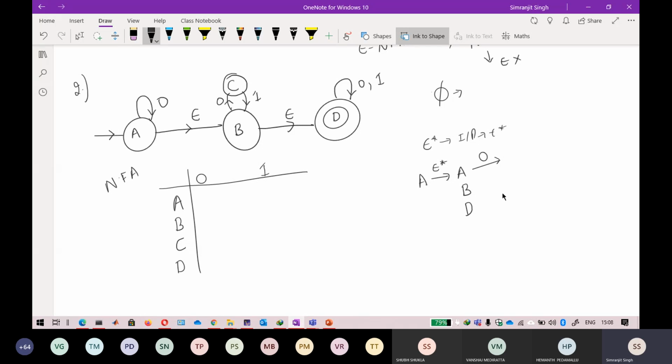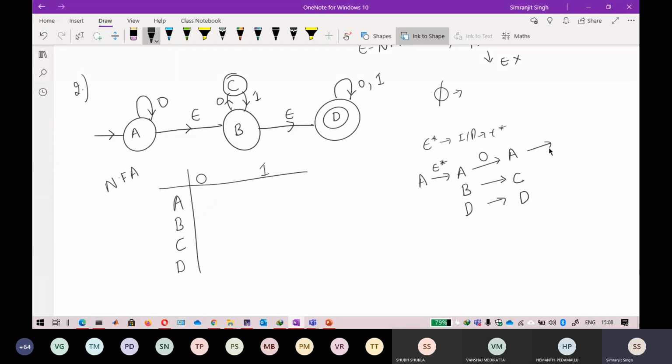So inputting 0 on all the three: on getting input of 0 at a, it is a. On b it is, I think, nothing. Yeah, it is c. On d it is staying at d.